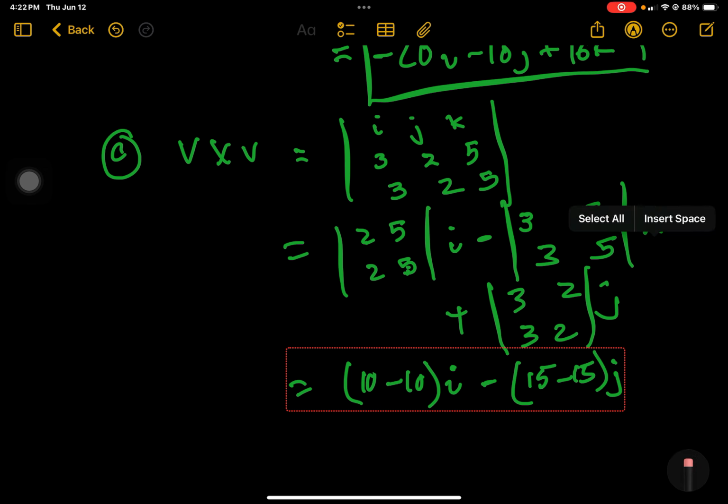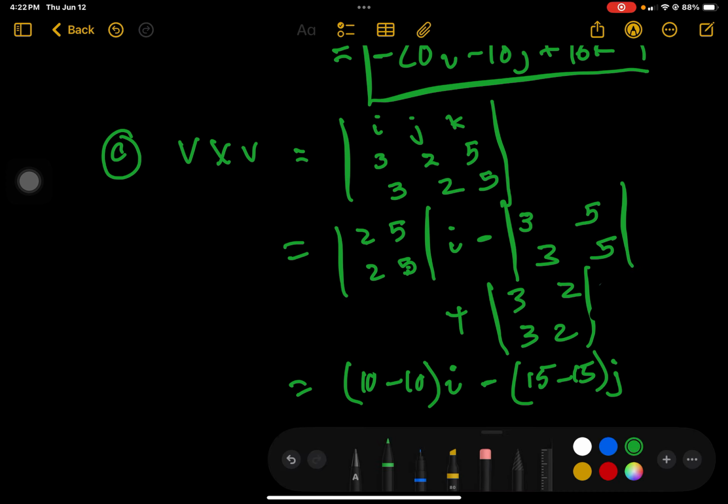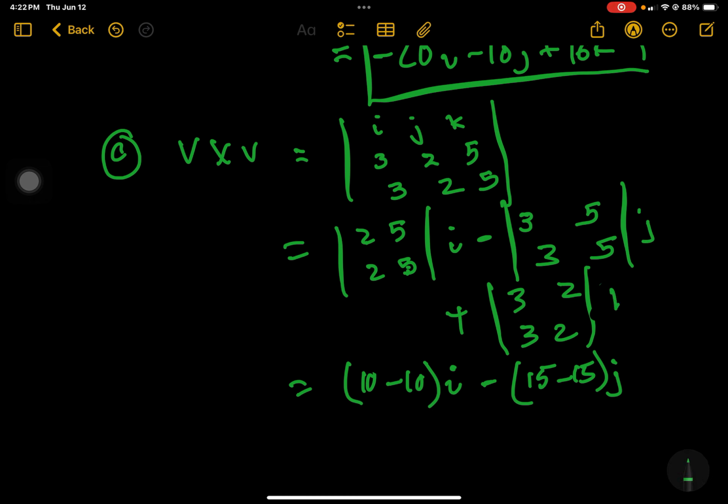This is the J component and this is the K component. And plus 3 times 2 is 6, minus 6, K.